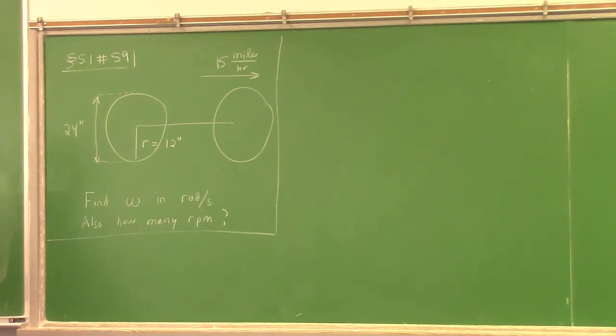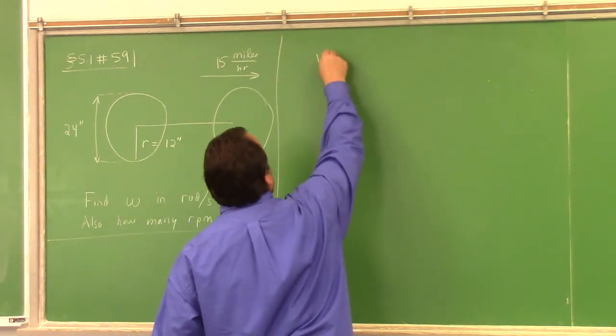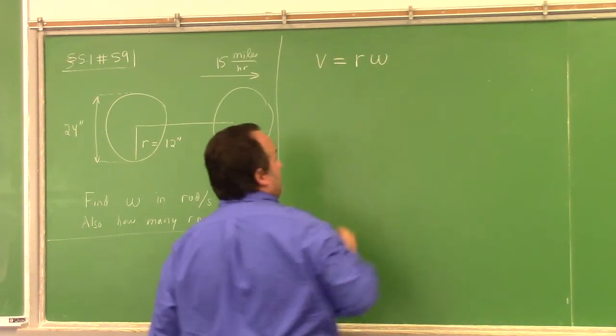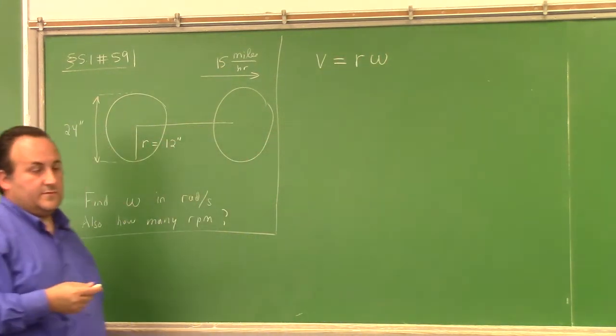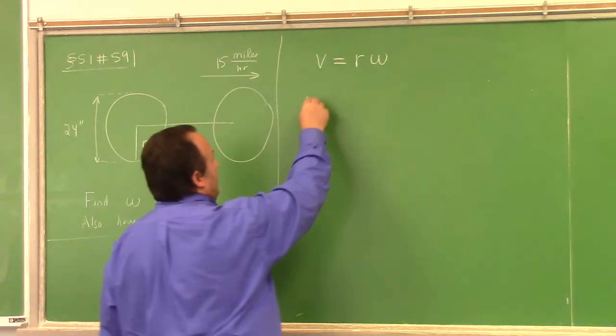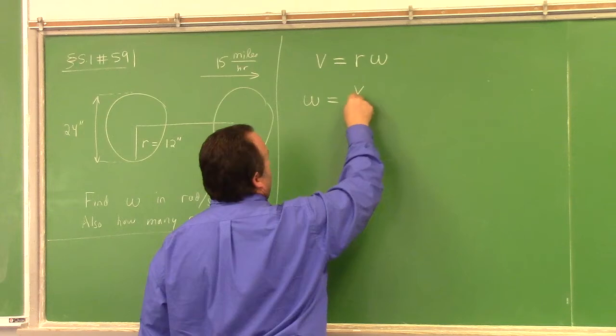We also know that there's a relation between the linear speed and the angular speed, right? So linear speed is equal to the radius times the angular speed. All right, so linear speed is 15 miles per hour. So this gives us omega, the angular speed, is v over r, right?